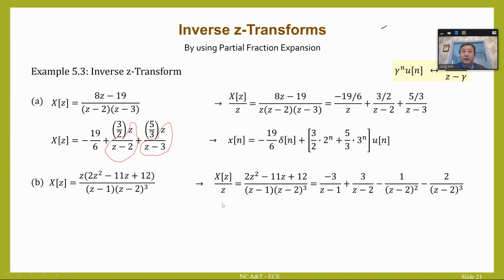If you apply the partial fraction expansion directly to X of z, you're in big trouble, and you may get totally different results. So please divide by z first and then expand. Everybody understand?